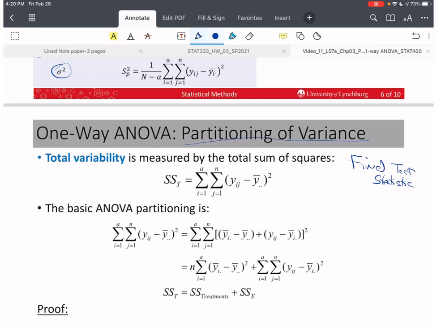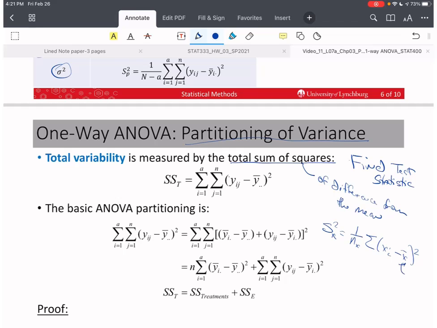So the total variance is the total sum of squares. The total sum of squares is the sum of squares of the difference from the mean. When we look at, say, any x, s sub x squared is equal to 1 over n sub x times the sum of x_i minus x bar quantity squared.